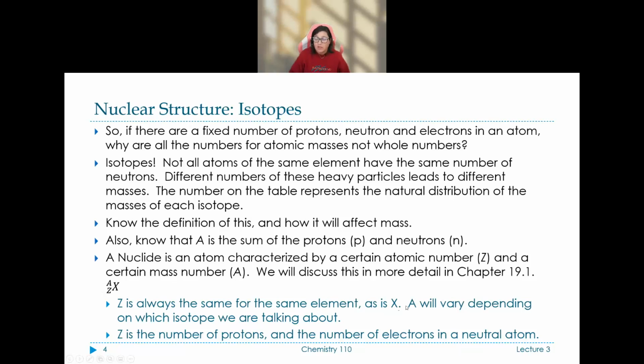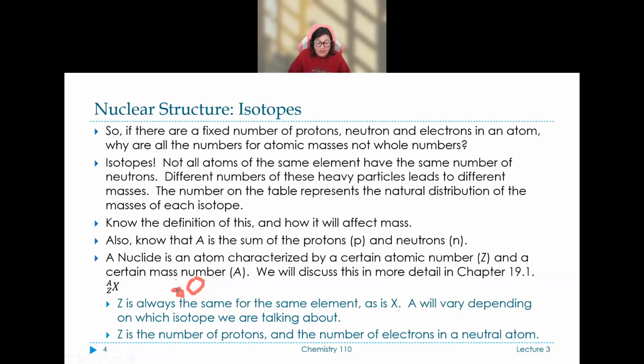Again, if we're talking about oxygen, then we're going to have an oxygen written here. That's our Z. We know that that's number 8, so it's always going to have an 8 down here for the Z. And this number up here is A. We have to know the number of neutrons to add to that number of protons.